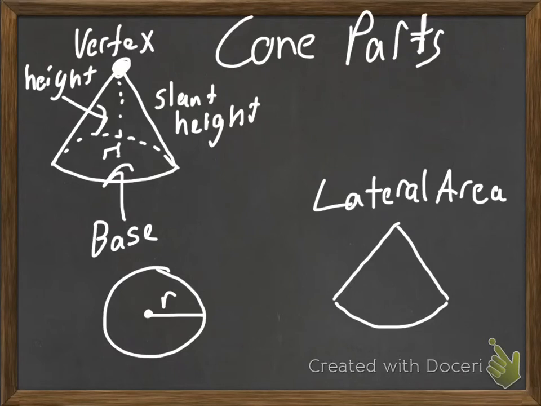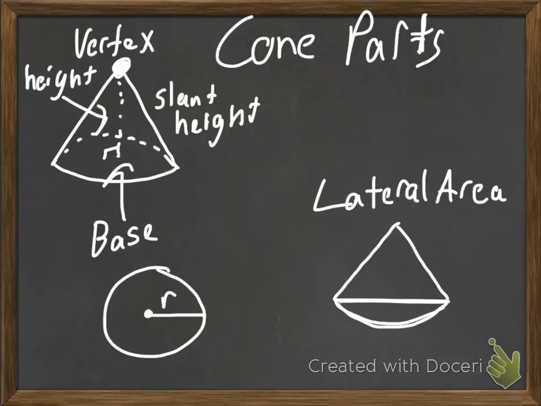Now with your group, I'd like for you to pause the video and make some conclusions about what the lateral area looks like. Okay. Now, whenever I look at the lateral area, what I basically see is a triangle, except the base of the triangle, it looks kind of like a circle. And it's kind of right. This right here is basically the base of the triangle.